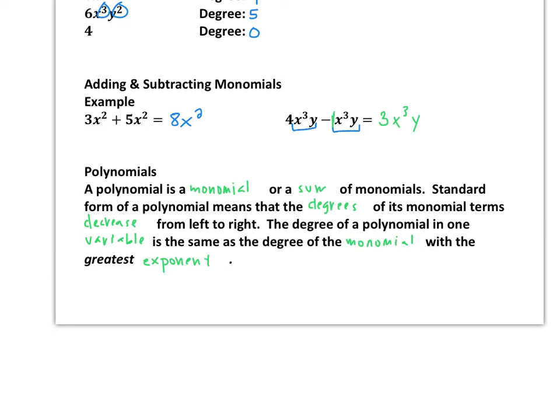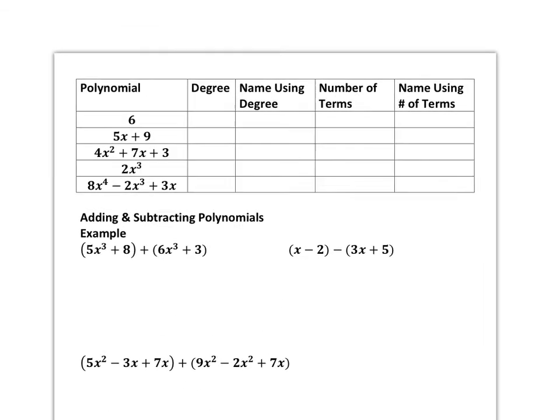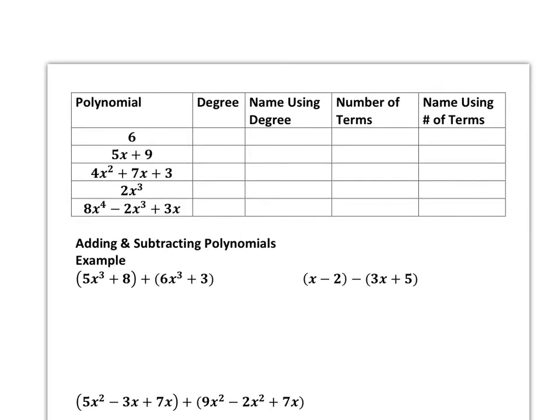All right, let's take a look at some examples of this. All right, so we're going to fill out this table here, talking about degree and number of terms. All right, so each one of these on the left is what we call a polynomial.